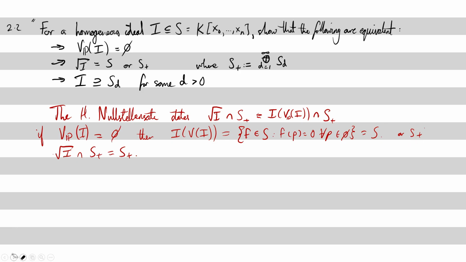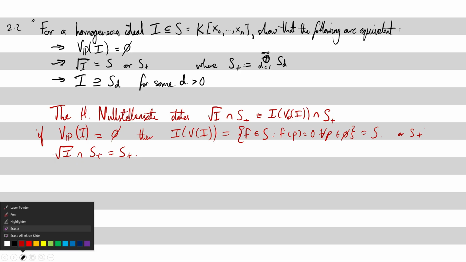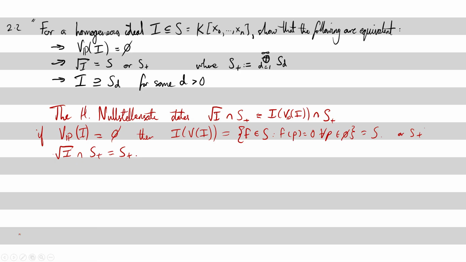So, we have an ideal containing S plus. Which ideals can contain S plus? Well, you have either S plus, or you have some ideal which contains S plus and S minus S plus, which is S0, of all forms of degree 0, which just so happens to be k by definition, which is a unit, and as soon as an ideal contains a unit, it is no longer proper.